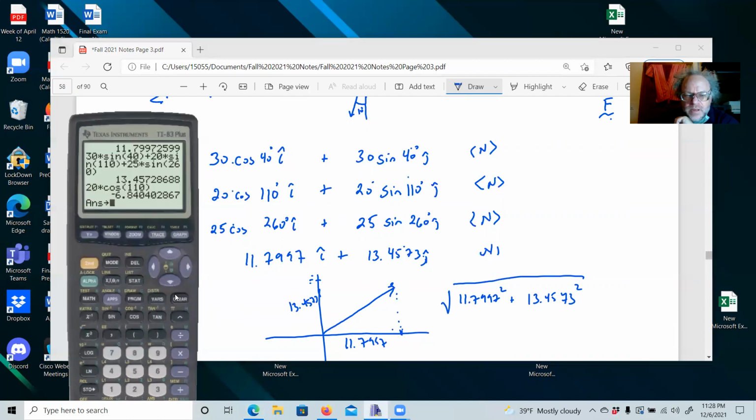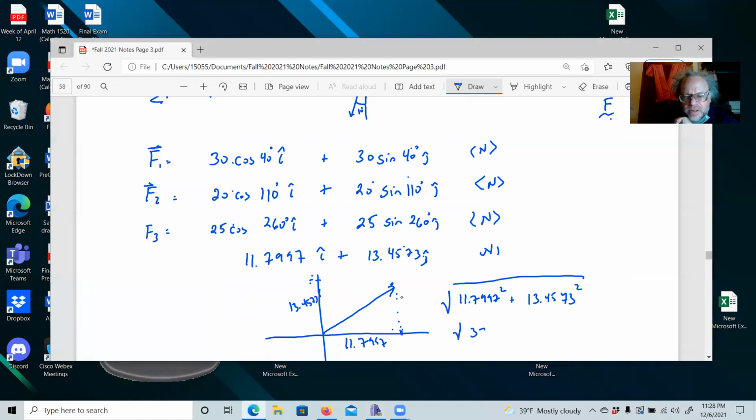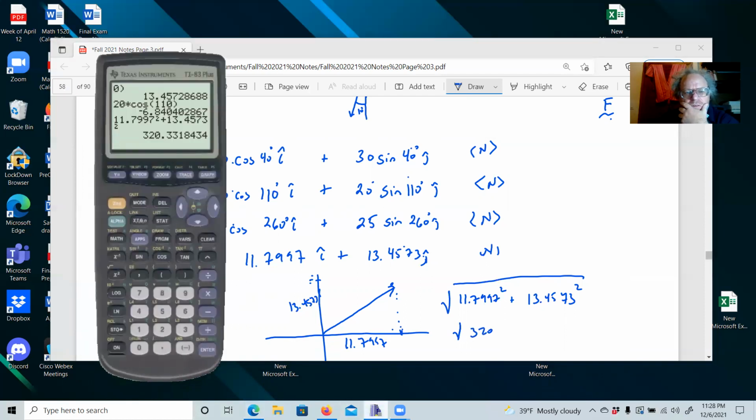So we're going to have 11.7997 squared plus 13.4573 squared. Okay, done. Square root here of 320 something. 320.3318.